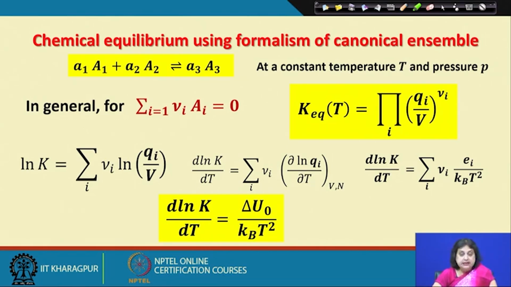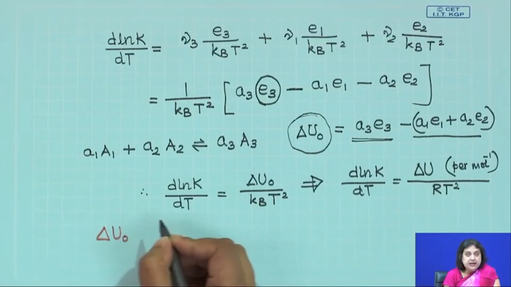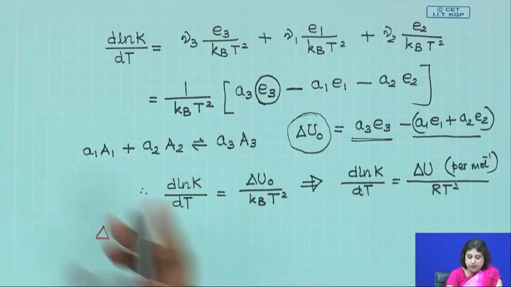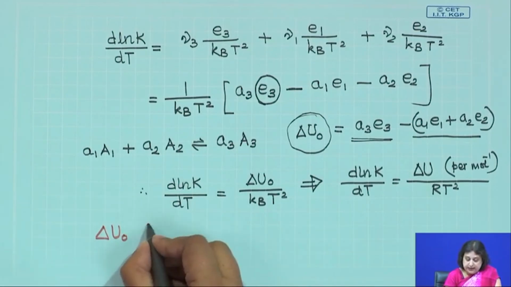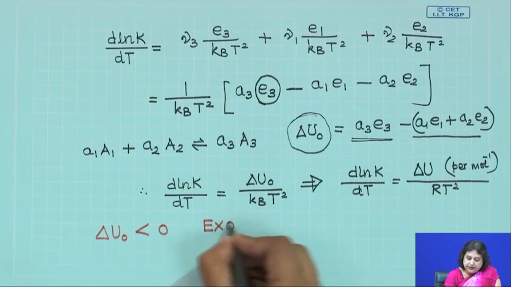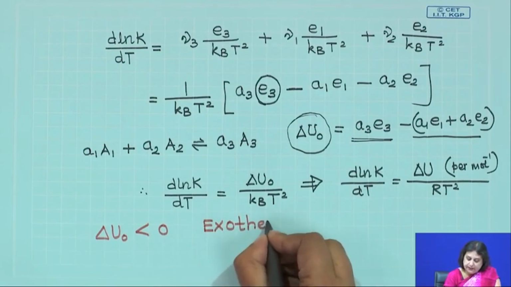Now, I understand that I can have two different types of chemical reactions. Type 1, where delta U naught, that is the energy content change as the system goes from the reactant to the product state, is less than 0; basically I am talking about exothermic reactions.